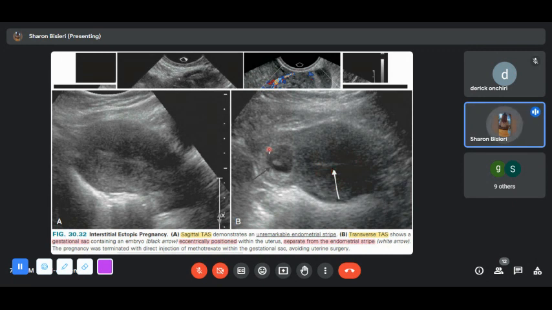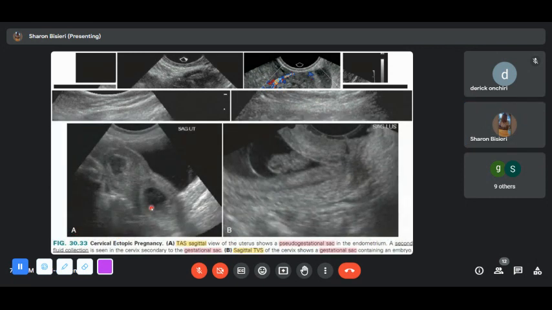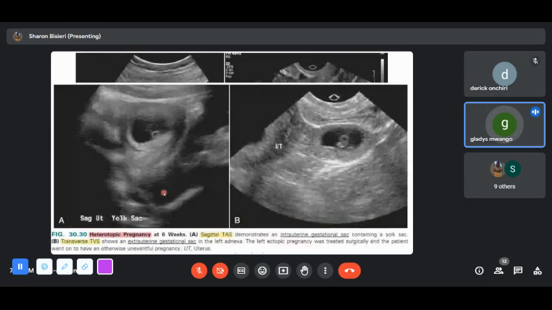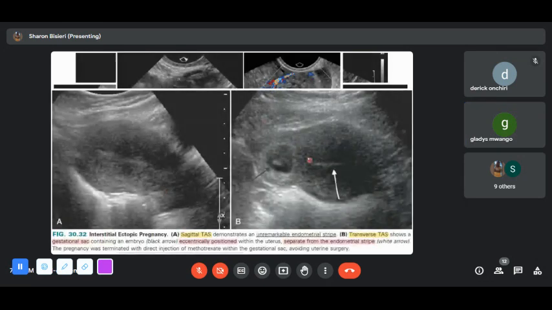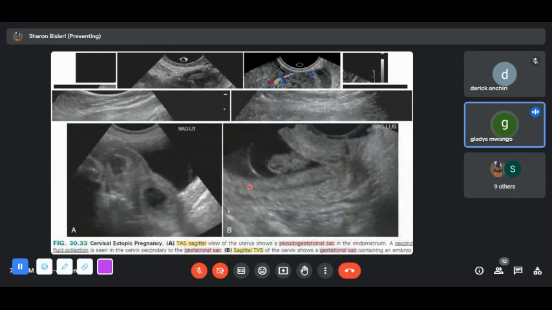However, in this case, we can see our gestational sac lying further away from our endometrial lining here. And this is consistent with an interstitial pregnancy, which is an ectopic pregnancy. Yes, it is in the uterine cornu. You can see it's still adjacent to the uterine wall, within the myometrium.